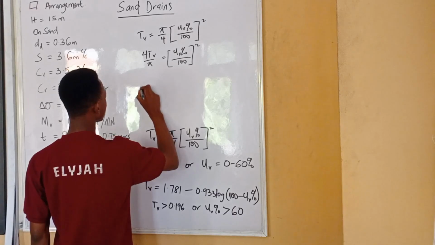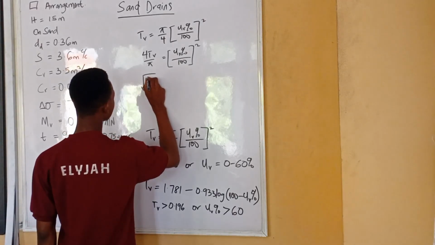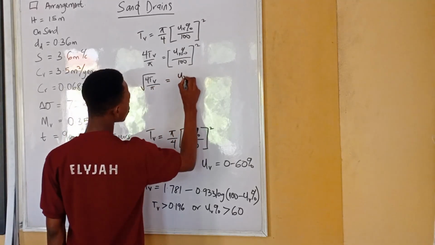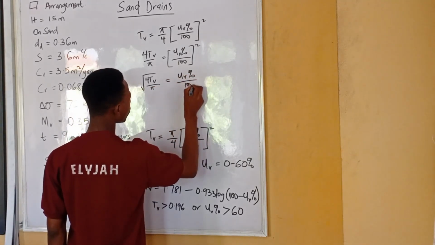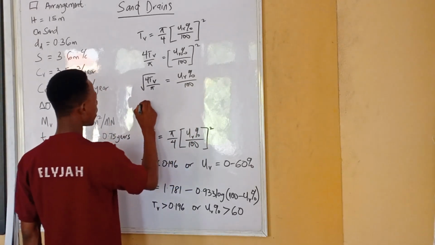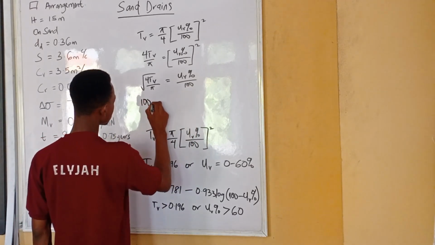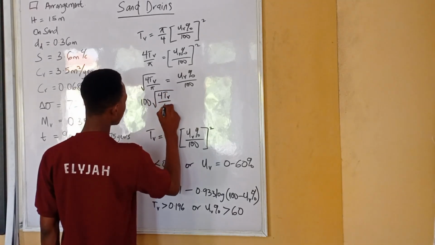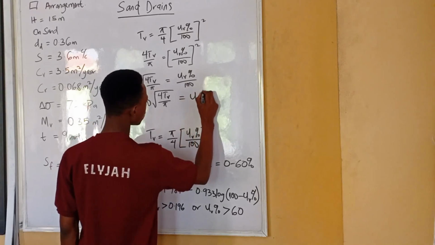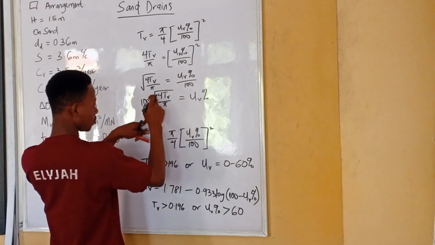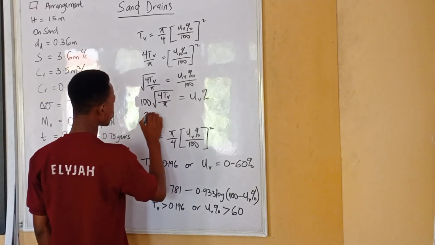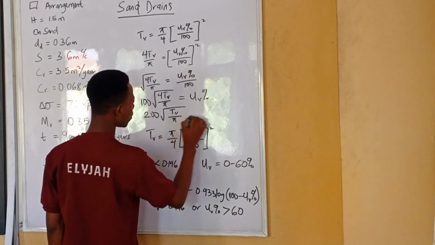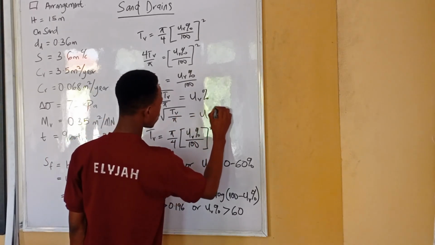Finding the square root of both sides: square root of 4TV divided by pi equals UV divided by 100. Multiplying both sides by 100, it becomes 100 square root of 4TV over pi equals UV in percentage. You can bring the 4 outside as 2, so 200 root TV over pi equals UV percentage.